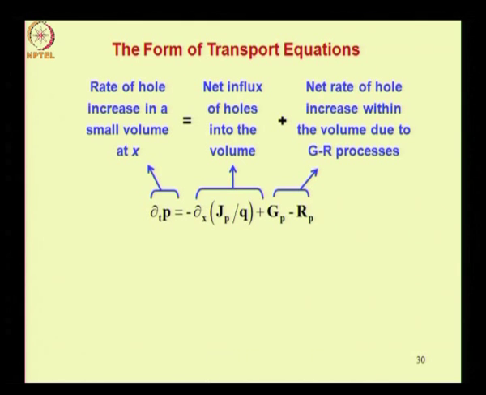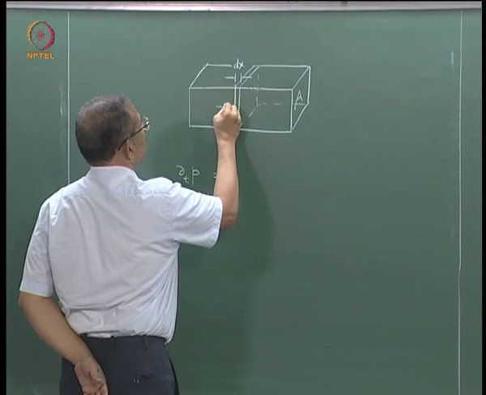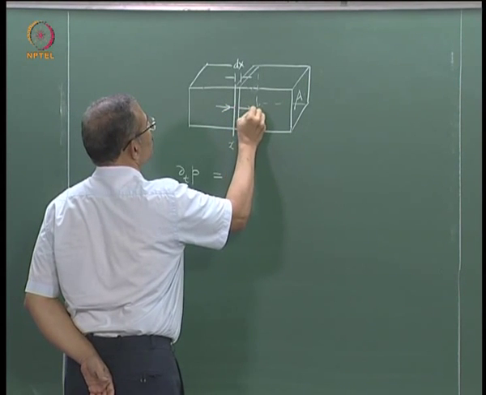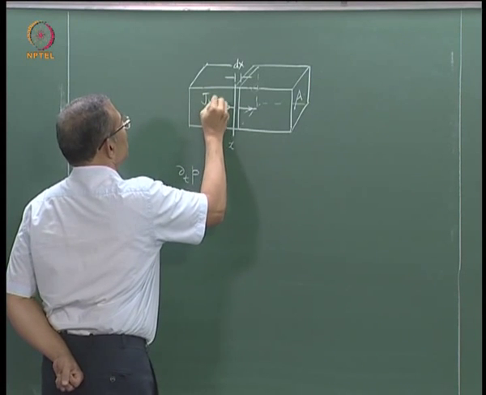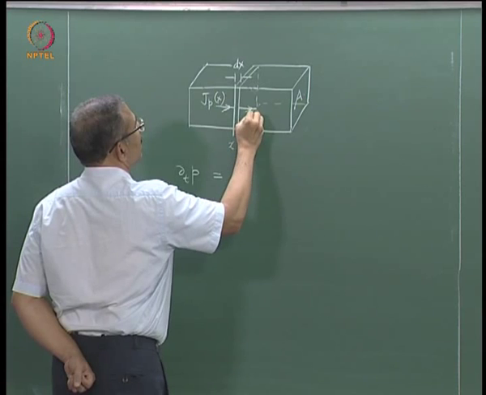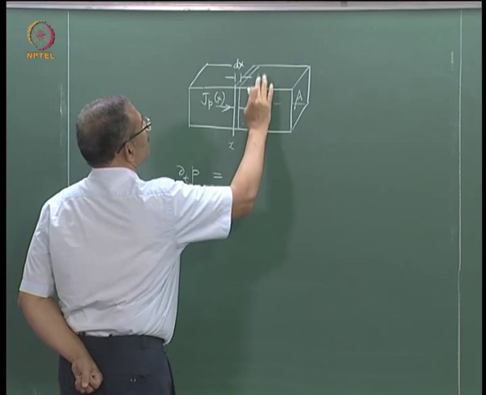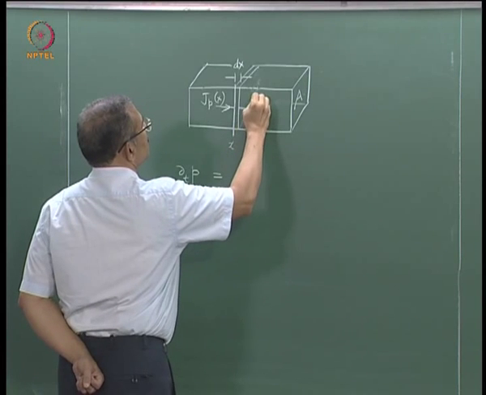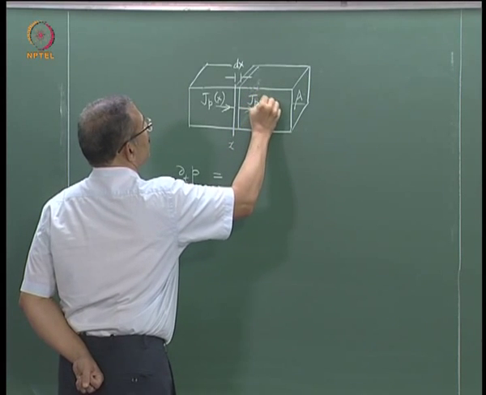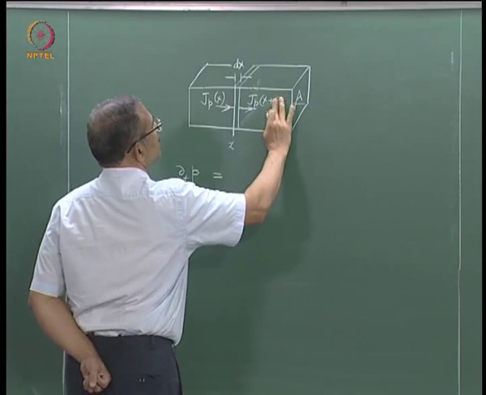So here there may be some holes moving in and some holes moving out. Suppose this is Jp of x and this is Jp of x plus dx.